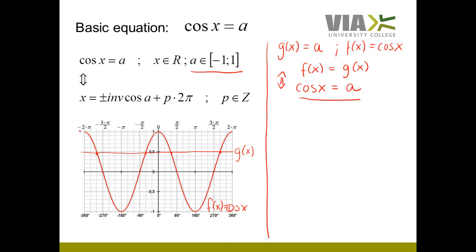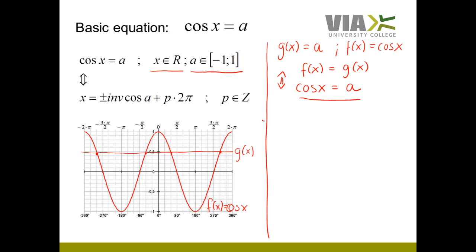Thereby we can conclude that we will not have a solution to the basic equation cosine x equals a if a is not in between -1 and 1. As you recall from when we defined cosine, we do not have any restrictions to x. x is equal to all the real numbers, which you can also see here on the graph for f.